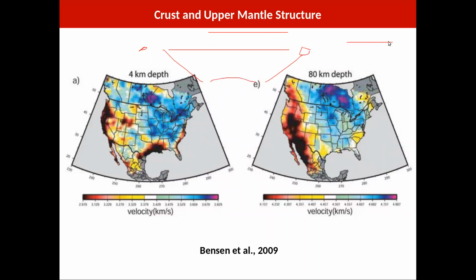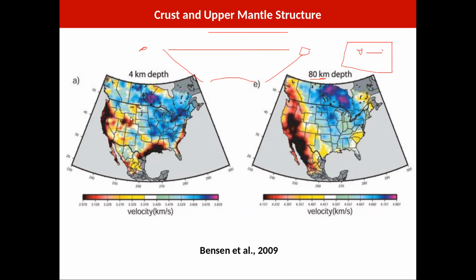But in the case where your study area is very small, such that the station distribution, the interstation distance, is not that great, then you cannot really go deeper within your lithosphere. So you are limited in the depth range.